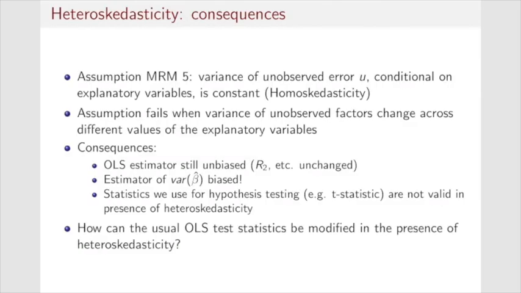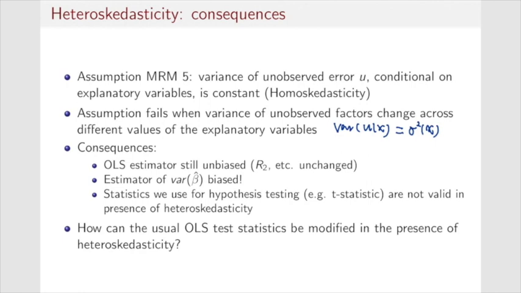Clearly, if there is heteroscedasticity, Assumption 5 of the multiple linear regression model on the constant variance of the error term does not hold anymore. The conditional variance of the error term will be different for different values of the independent variable x.